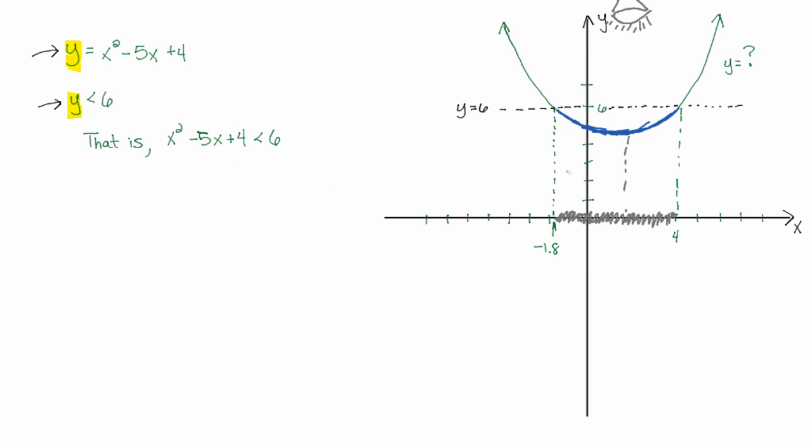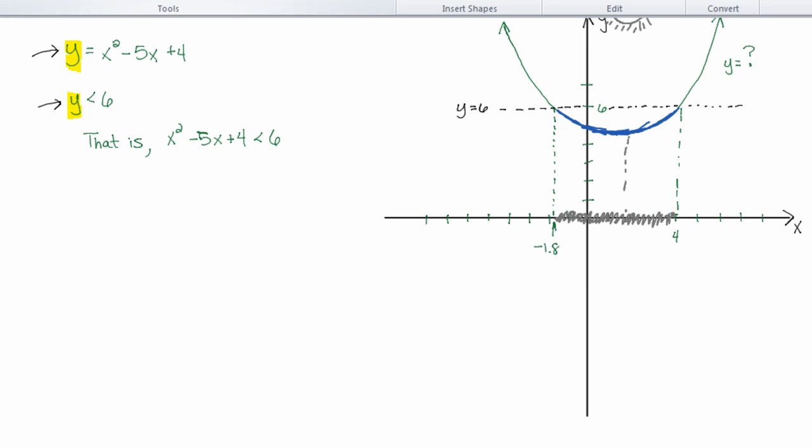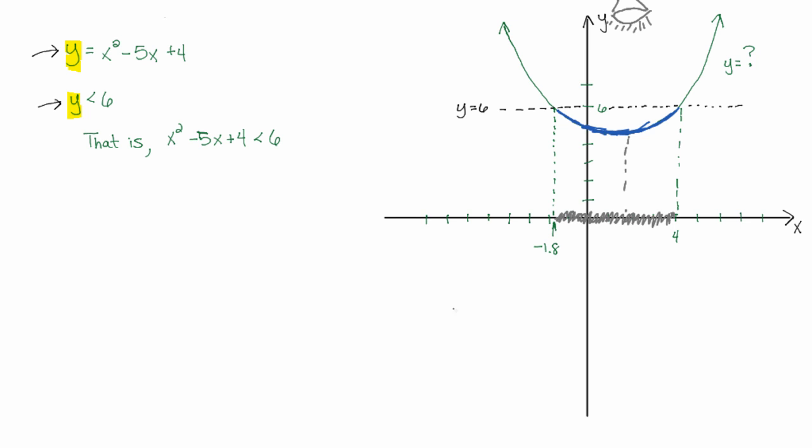But if it were, then we could say, okay, it looks to me as though it's all the x values that are between negative 1.8 and 4. Notice that I'm not including negative 1.8 and I'm not including 4 because I want to know when my y values are strictly less than 6.